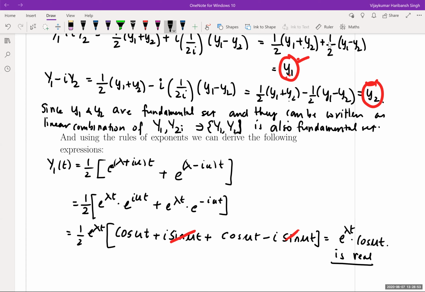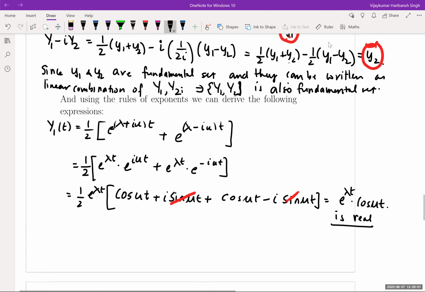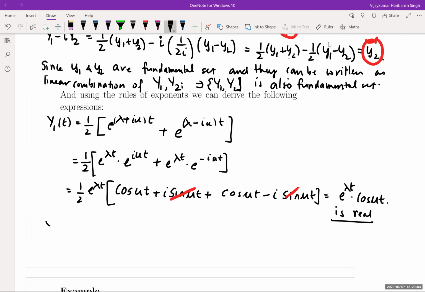Why is it real? Because e to the power lambda t is real, and cos of mu t is also real. So you have shown that y1 is real. It's not complex. Similarly, you can show that y2 is e to the power lambda t times sine of mu t, and that's also real.